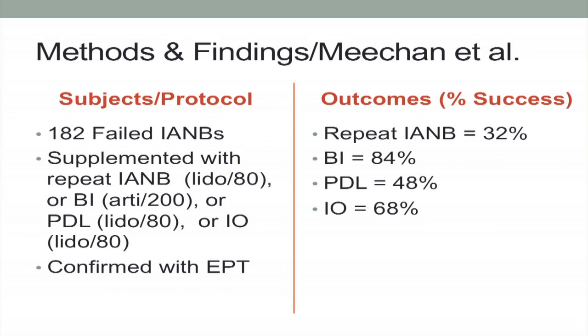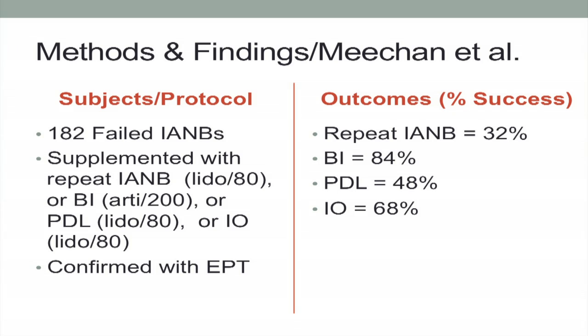In this study, 182 cases of failed inferior alveolar nerve blocks were supplemented with a repeat inferior alveolar nerve block using lidocaine with 1 to 80,000 epinephrine, or buccal infiltration with articaine 4% with 1 to 200,000 epinephrine, or either a periodontal ligament injection with lidocaine or an intraosseous injection with lidocaine. The results were confirmed by electric pulp testing.